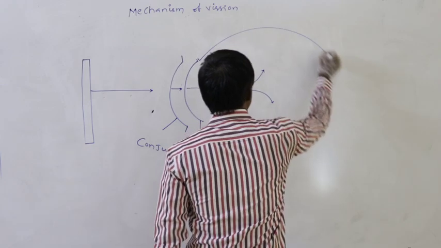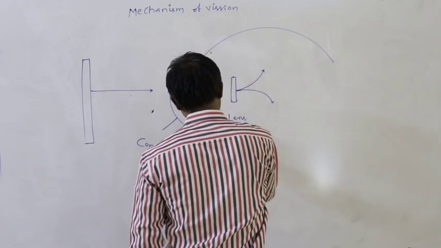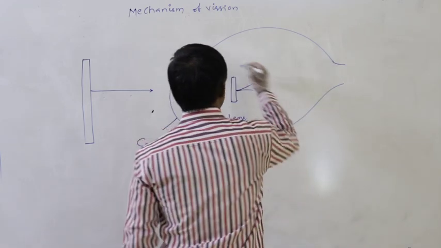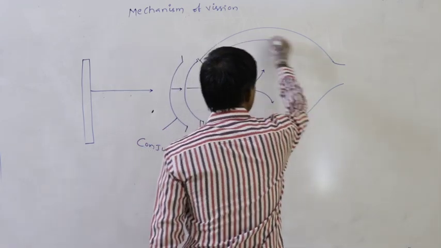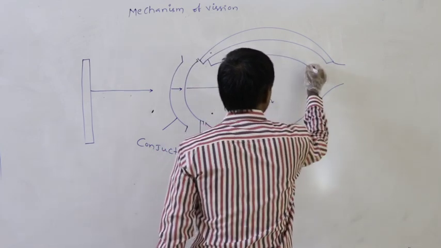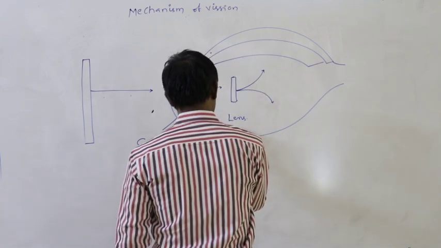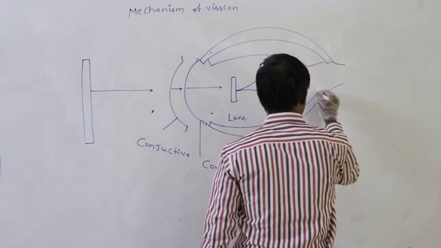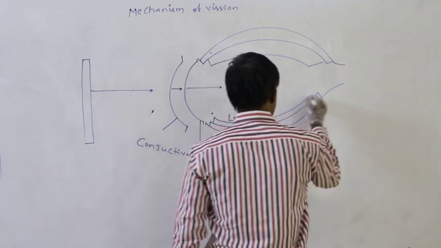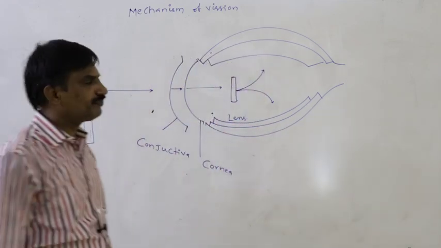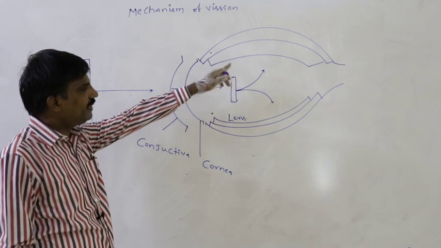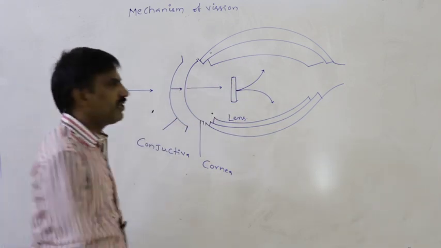Just assume this is the choroid, this is the retina of this side. Similarly on this side also, this is the choroid, this is the retina. So definitely from the lens light is reflected onto both sides of the retina.